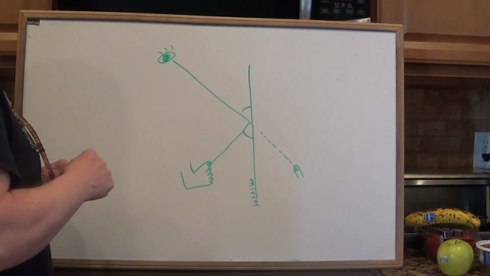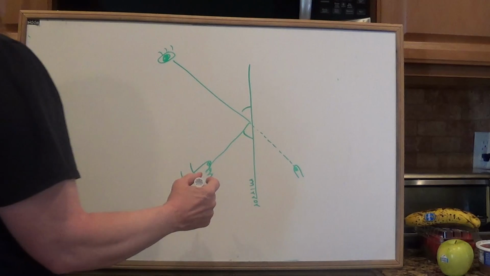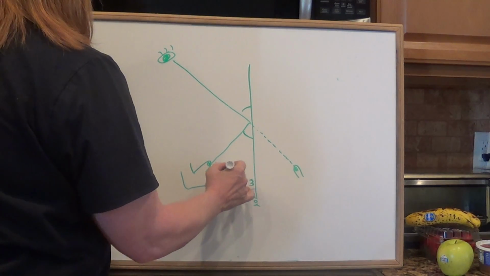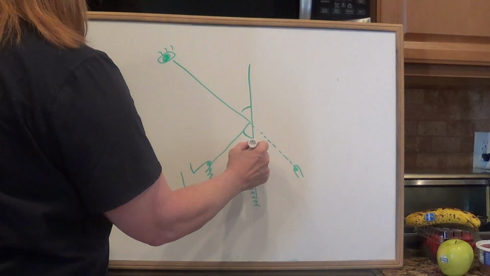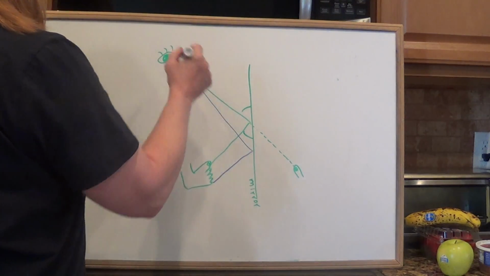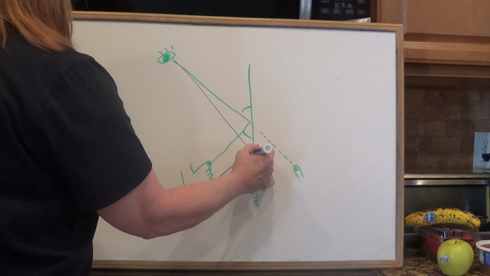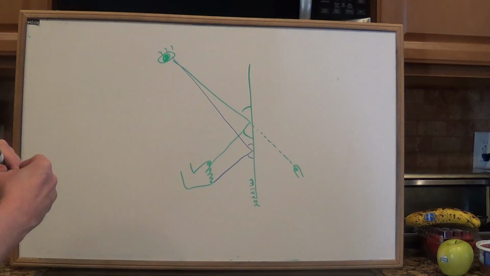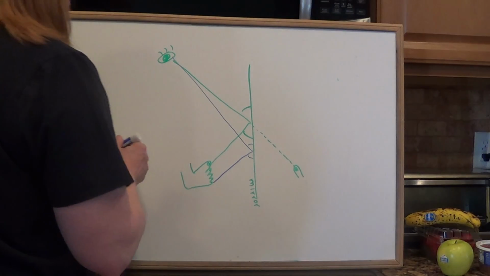So let's see if I can change colors. I don't know how well that'll show up, but now we'll go off of the little toe. There's a light ray that hits the mirror, and angle of incidence equals angle of reflection, so those two angles are equal. And there's one that hits my eyeball that comes off the little toe.